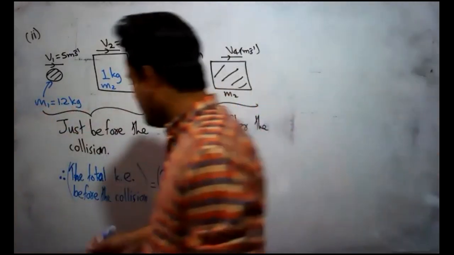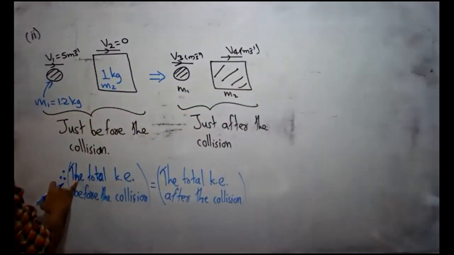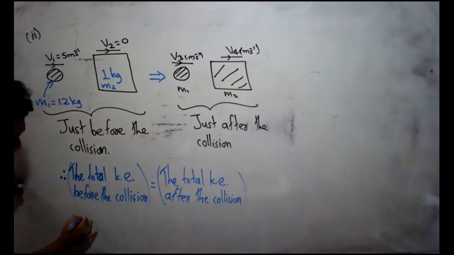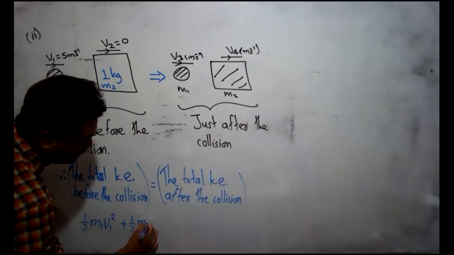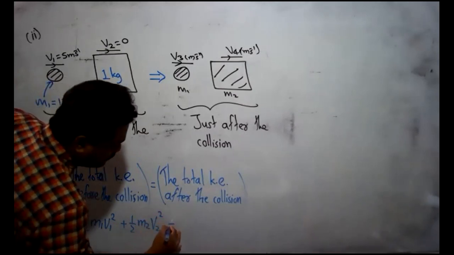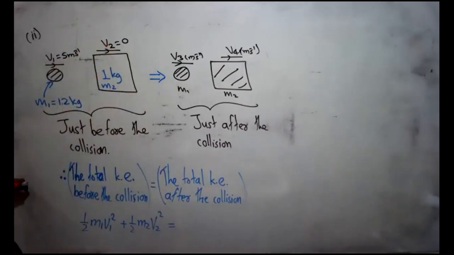Right? So total kinetic energy before the collision means the summation of the kinetic energy of the ball, half m1 v1 square, plus kinetic energy of the block, half m2 v2 square, even though v2 is 0.